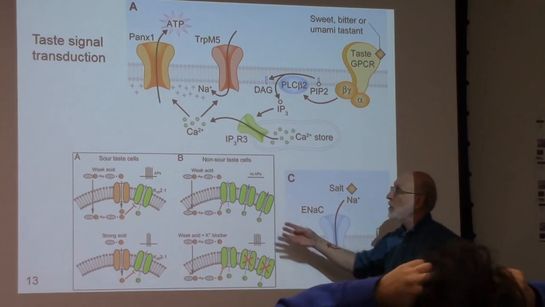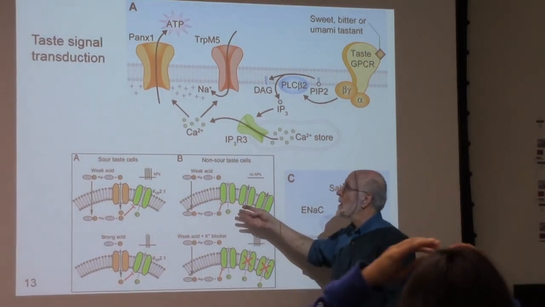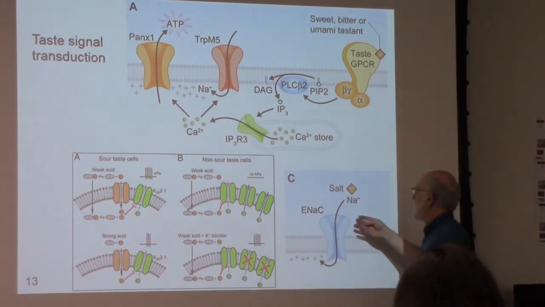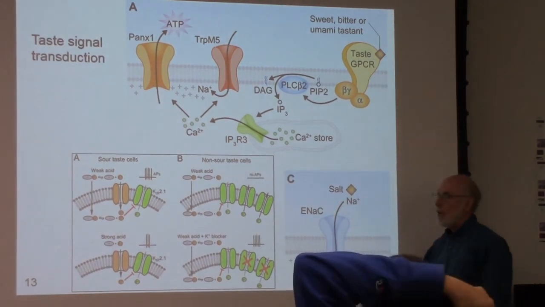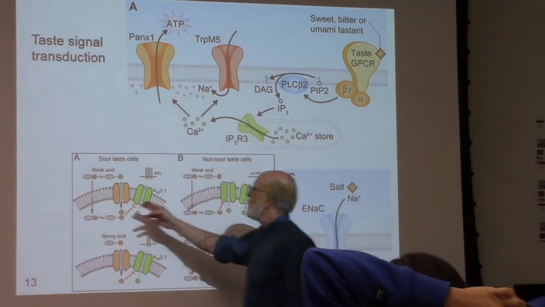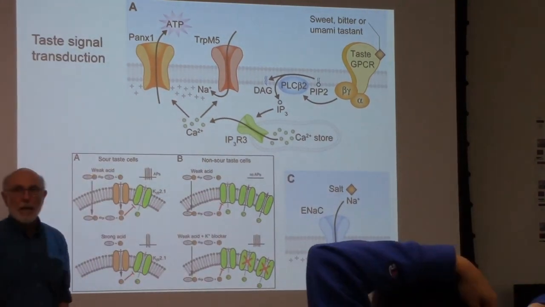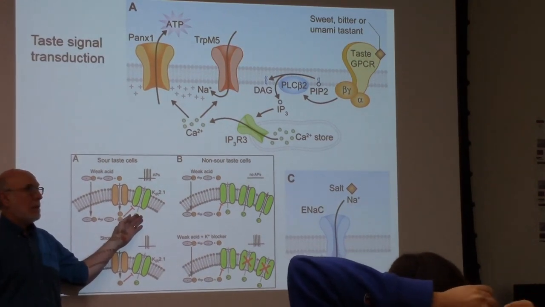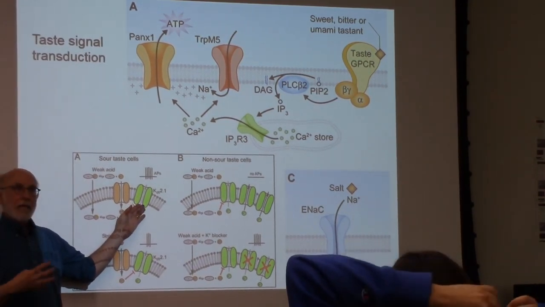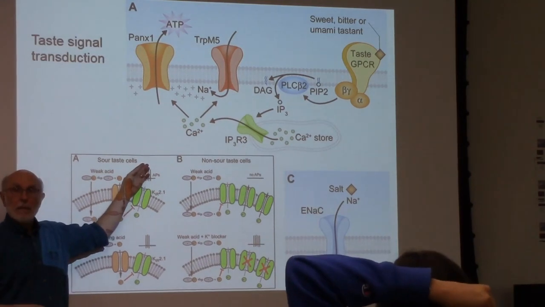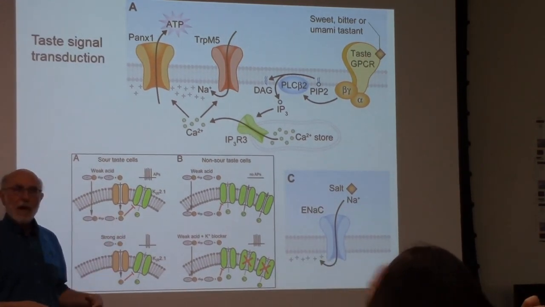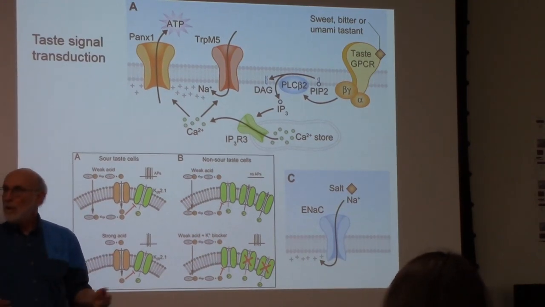And for sour, you have to know that it is a channel mechanism, but it's not a proton channel, it's a proton block of a potassium channel. Block of potassium efflux, depolarization, calcium influx, neurotransmitter release.